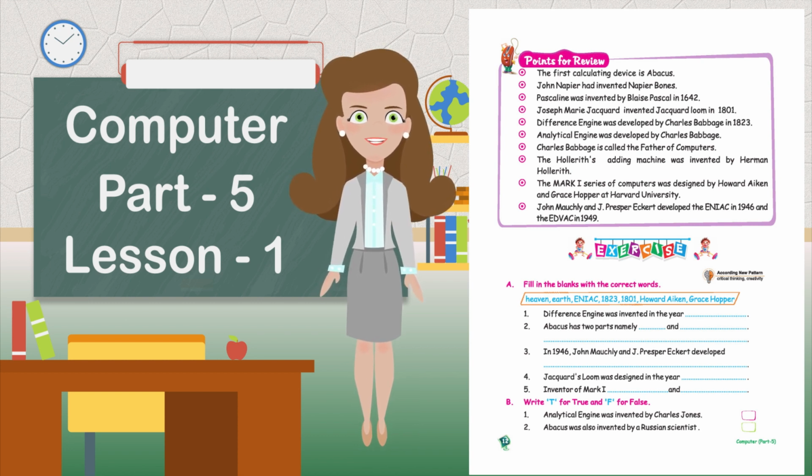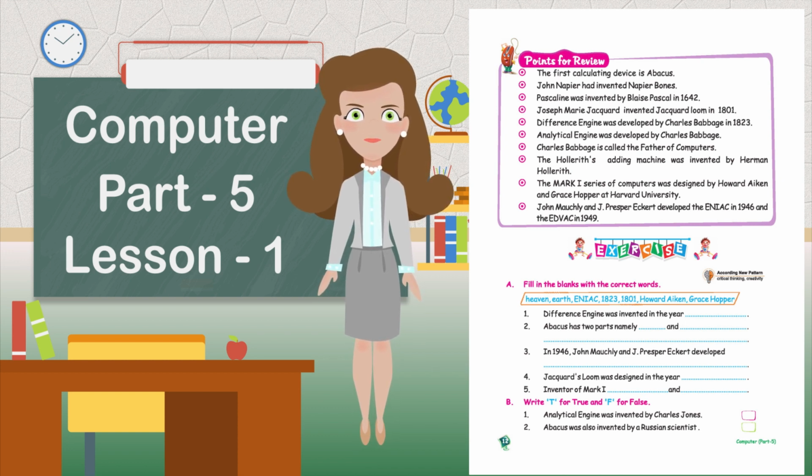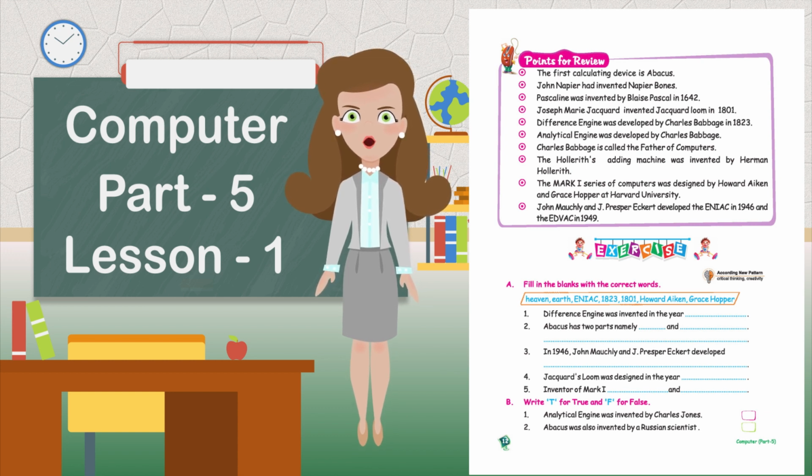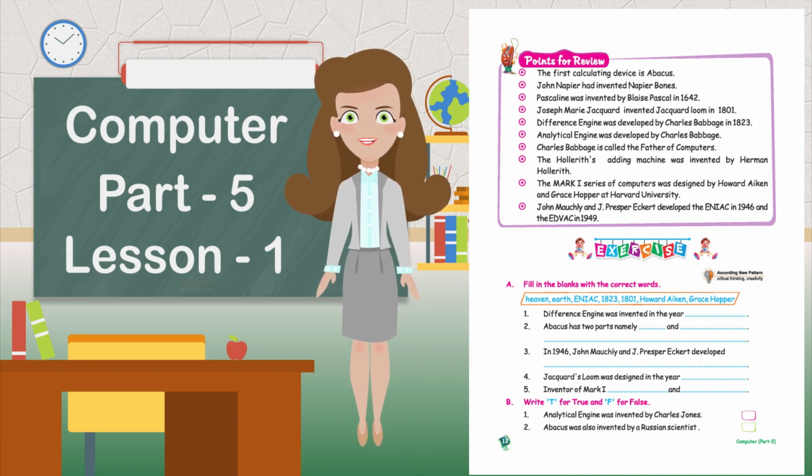John Mauchly and J. Presper Eckert developed the ENIAC in 1946 and the EDVAC in 1949. A computer milestone named UNIVAC was achieved by Dr. Presper Eckert and Dr. John Mauchly, the team which invented the ENIAC computer.